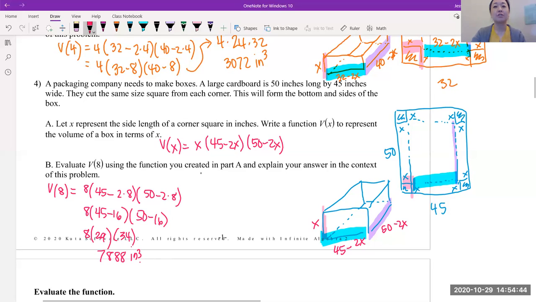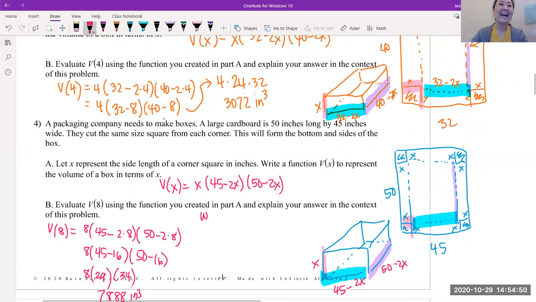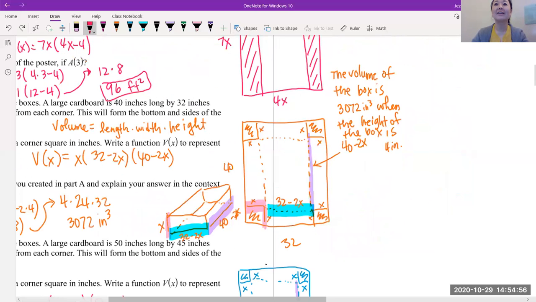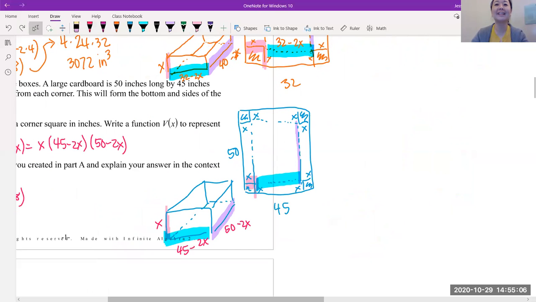So it says, so when, literally I can just copy this down. The volume, oh, I have a cheat sheet to do it, guys. Okay, so I'm going to go over here, and I'm going to go up here, and I'm going to be like, copy. I'm going to go over here.